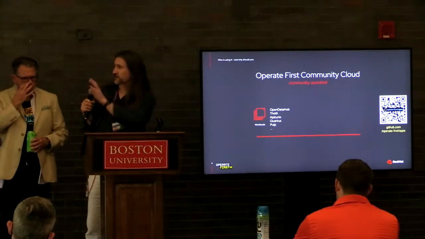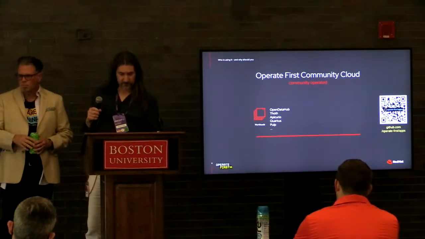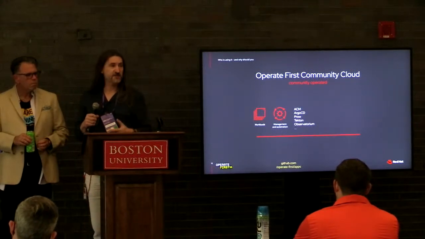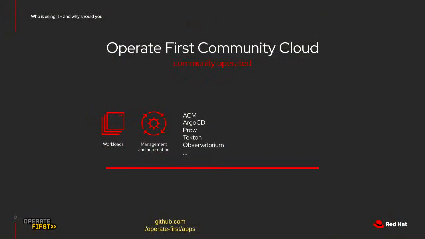But we're also running management automation on Operate First. A few examples here: ACM, Argo CD, and we're also using it for doing everything as a service. Operators, Kafka, to check our GitHub Operate First apps repository. You will see all these different app projects that are running on there.